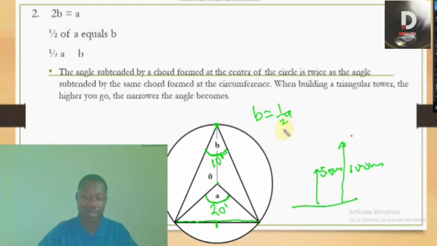The examiner can ask you, what's the relationship between A and B? When the examiner asks you for a relationship between two things, write an equation for him. That's the answer. Don't write an essay. He's not asking you to write paragraph 1, paragraph 2, introduction, conclusion. No. He wants a simple equation.